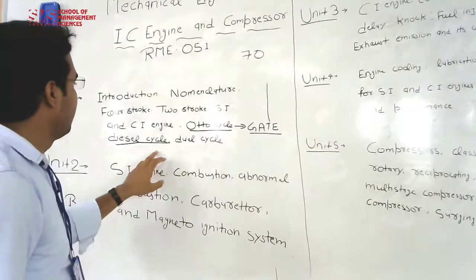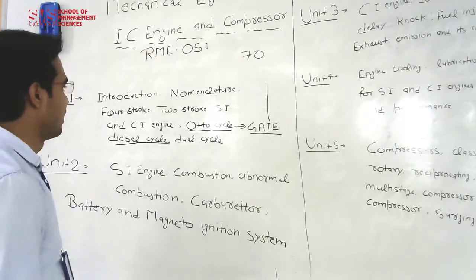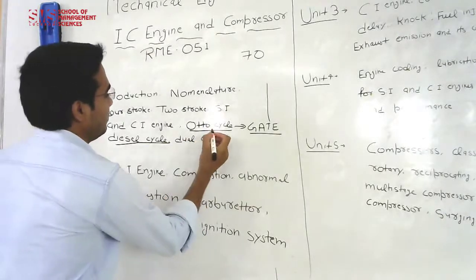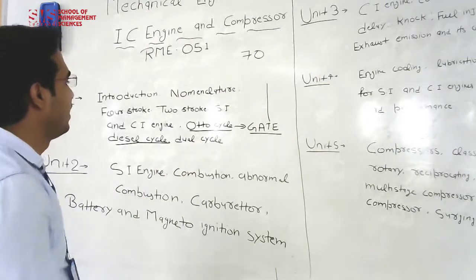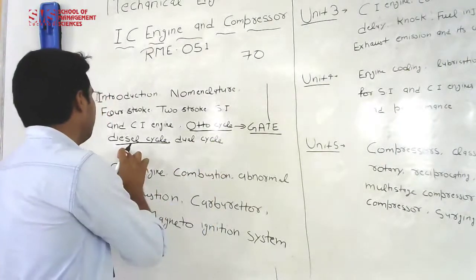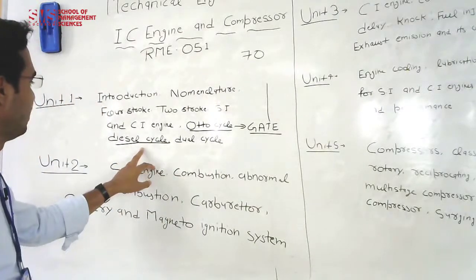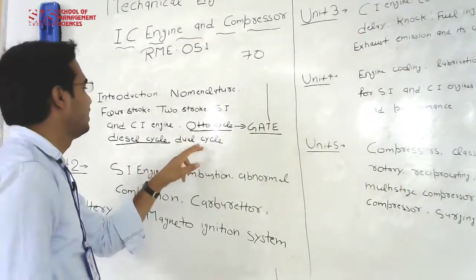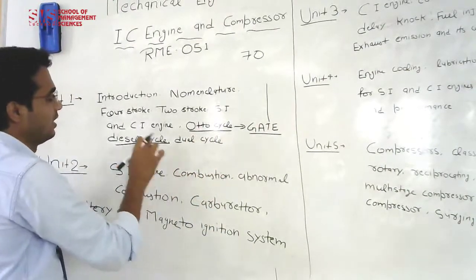This is very important for your university exam as well as all competitive exams. In university they will ask you to derive the efficiency of Otto cycle or derive the efficiency of diesel cycle, or they will give a numerical on Otto cycle or diesel cycle.